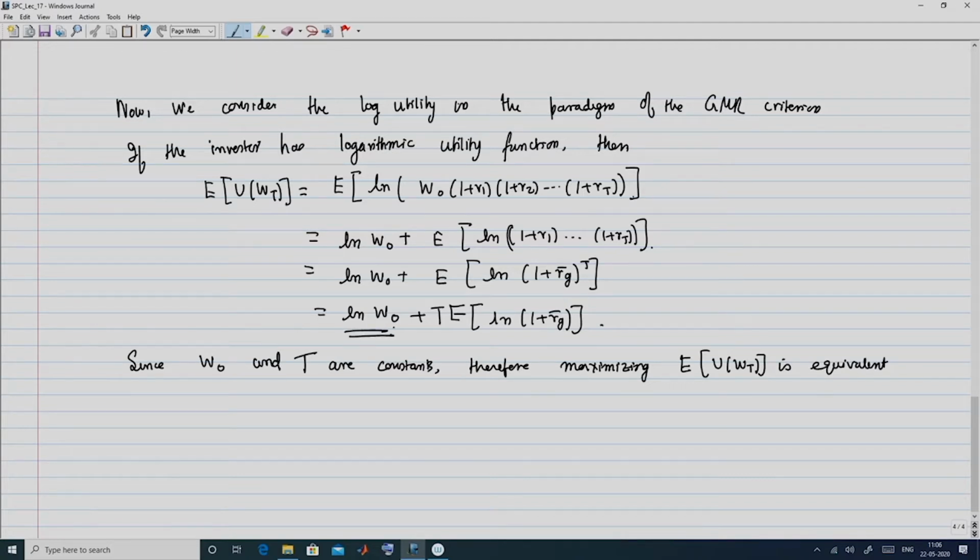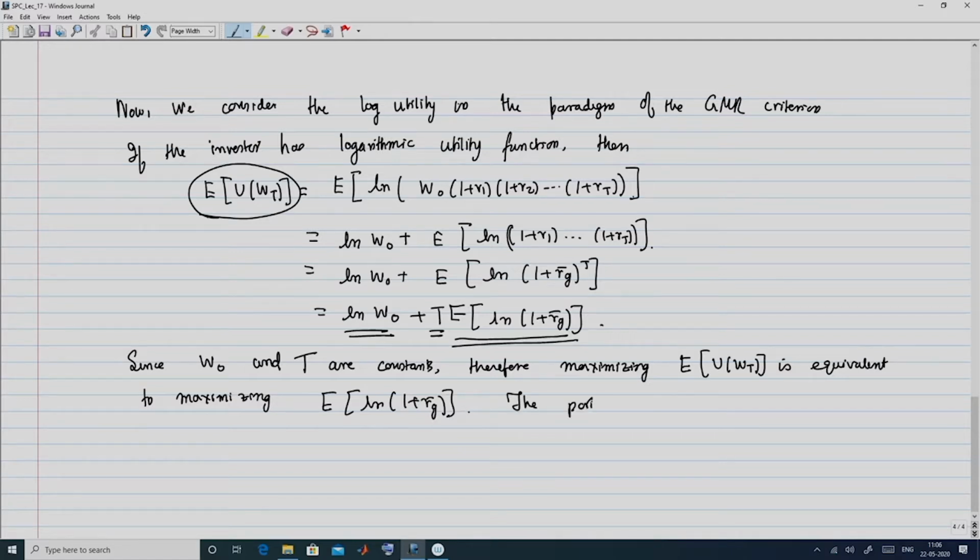So, this is a constant and T is constant. So, accordingly maximization of expected utility of the final wealth amounts to maximization of the expected value of this. So, this is equivalent to maximizing the expected value of natural log of 1 plus R g bar.